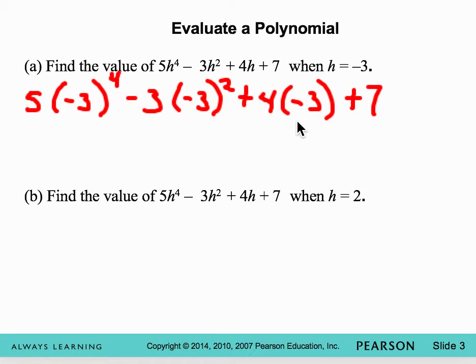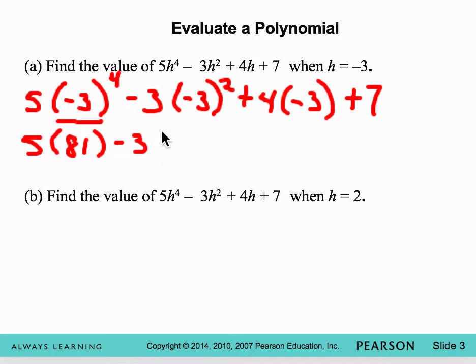I have to do it in a particular order because there's more than one operation, which means, since there's nothing inside the parentheses to do, exponents. Negative 3 to the 4th, well, 4 negatives is going to be a positive, and 3 times 3 is 9, and so 9 times 9 is 81.